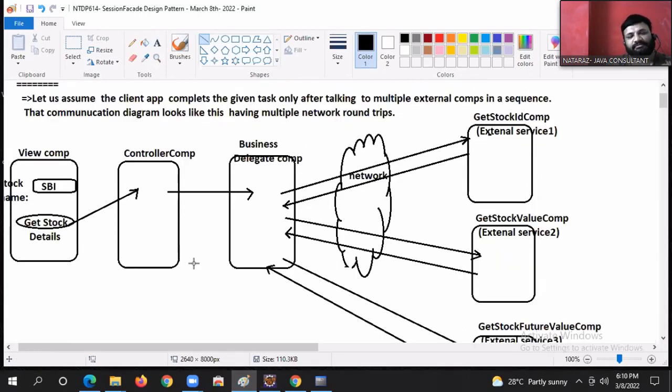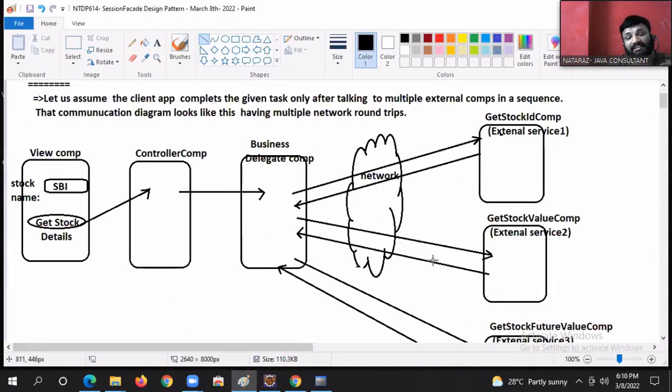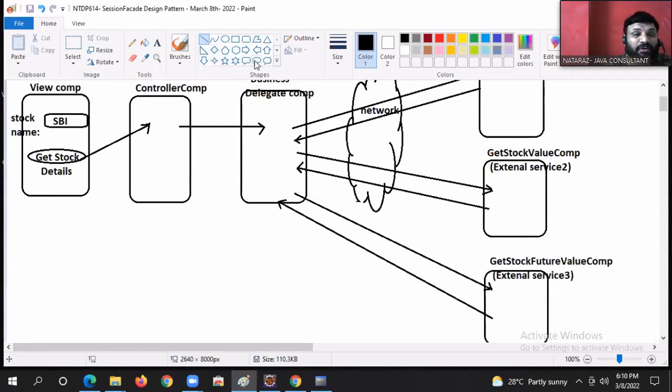Okay, guys. Listen, how many round trips are there here? Are you noticing there are many round trips involved? Total, how many round trips? 3 round trips are involved, right? Then stock details will come to controller and it passes those stock details to another view component.